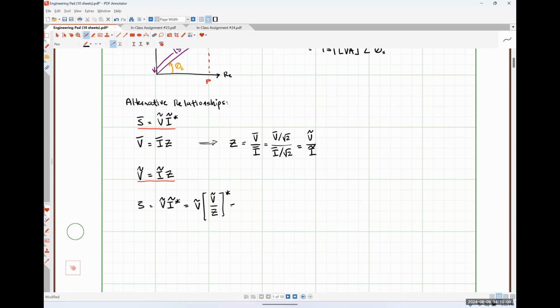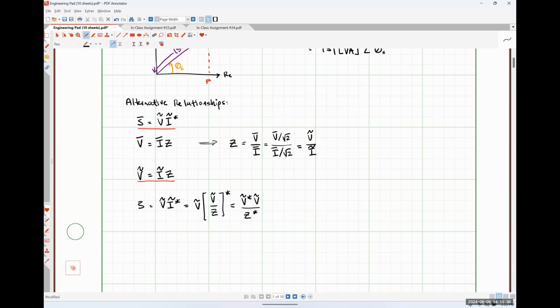Well, when we conjugate a fraction, that's the same thing as performing the complex conjugate operation on the numerator and the denominator. So this simplifies to V conjugate times V over Z conjugate. Now, can anybody tell me what V conjugate times V should be equal to? I believe we discussed this in our complex numbers review, but it's okay if you've forgotten since then.